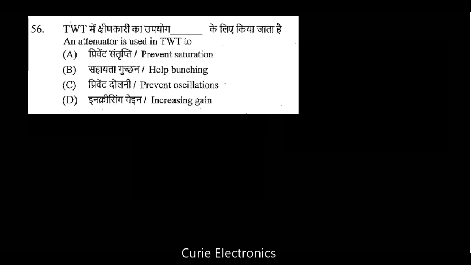Question number 56. The attenuator is used in a TWT to prevent oscillations. Most of these questions are theoretical.